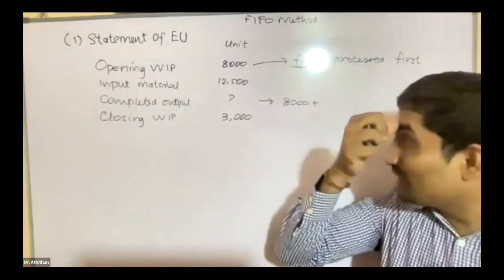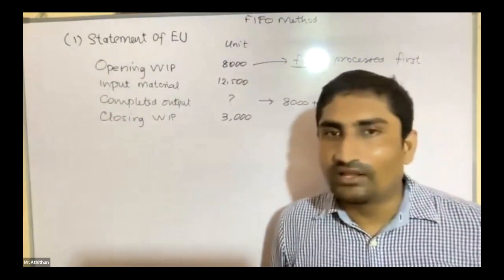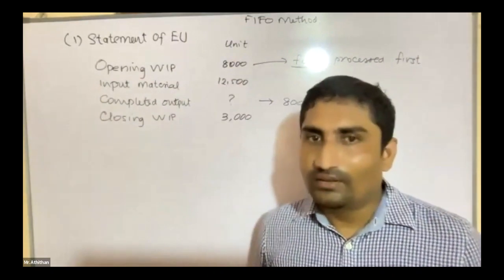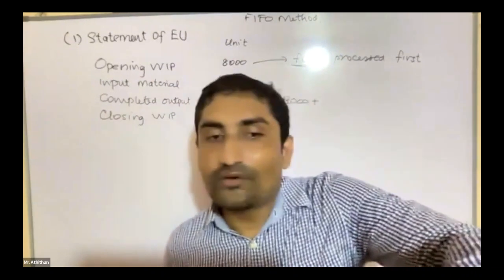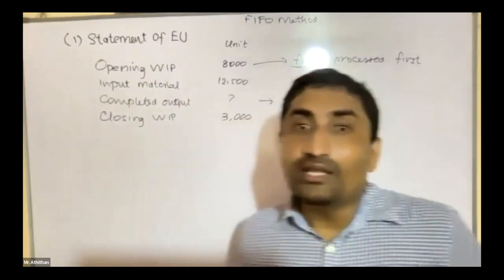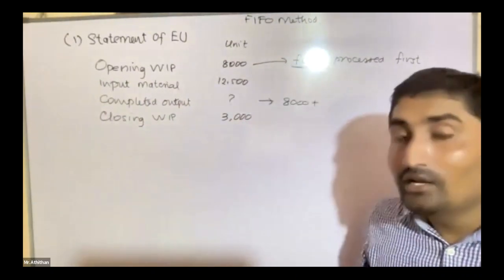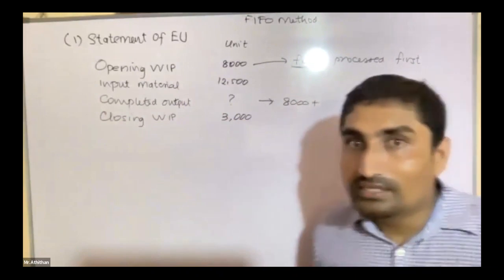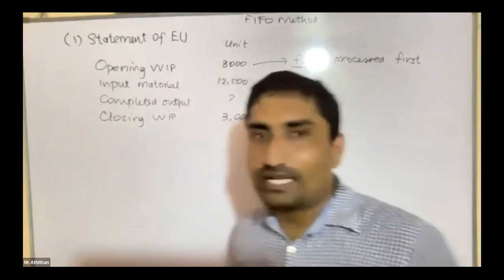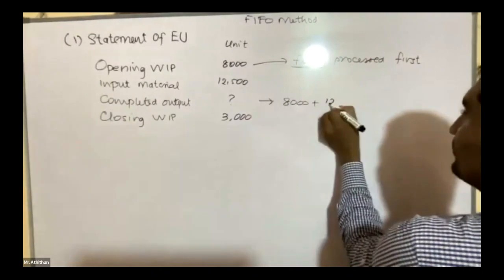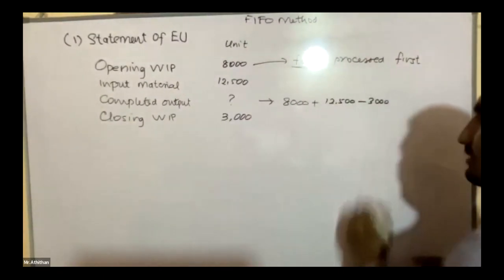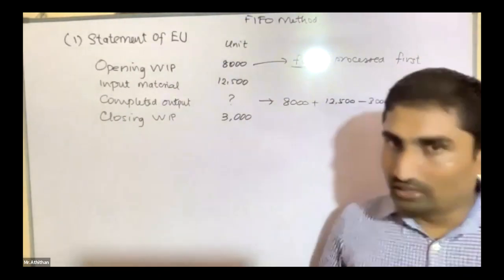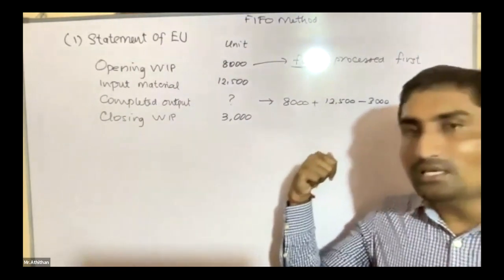Then input material 12,500 is inputted. Out of that, 3,000 is going to remain. So we have to understand 12,500 inputted, 3,000 remaining as closing.